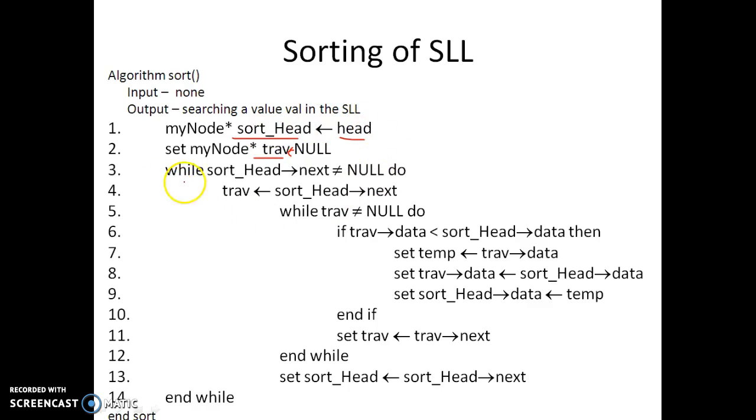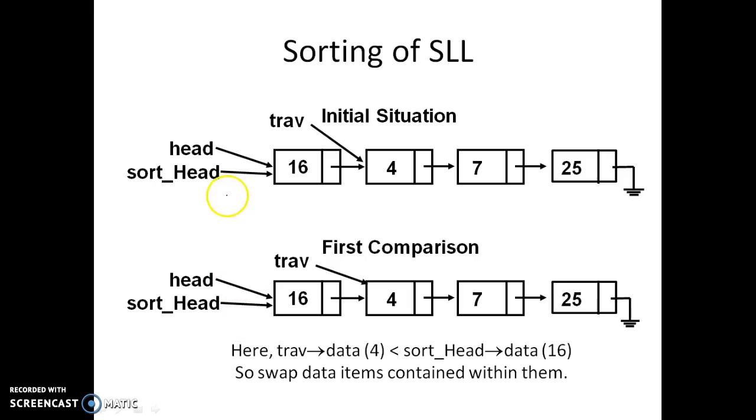Now while sort head arrow next is not equal to null, we are doing something in that. First of all, we are assigning the value of sort head arrow next to trav, so now the situation is something like this: head and sort head pointing towards the very first node, and trav is pointing towards the second node.